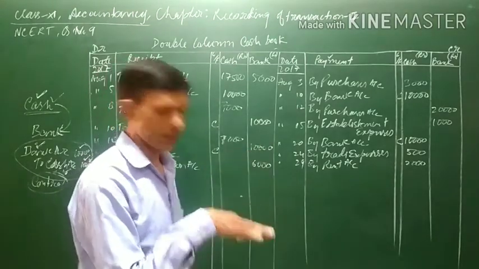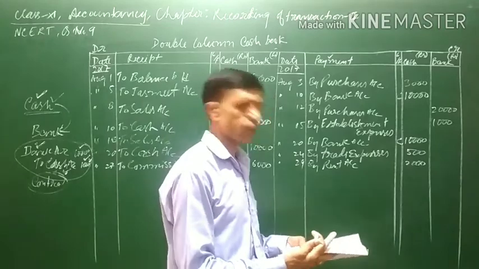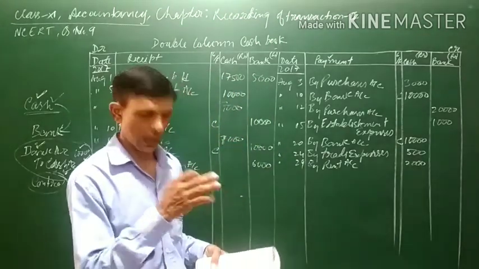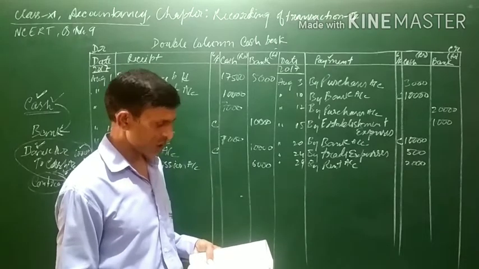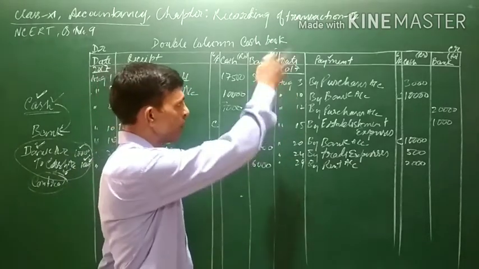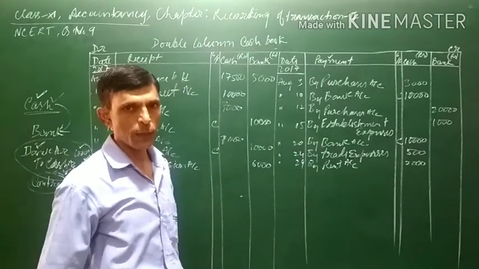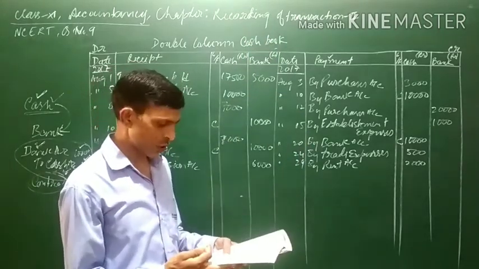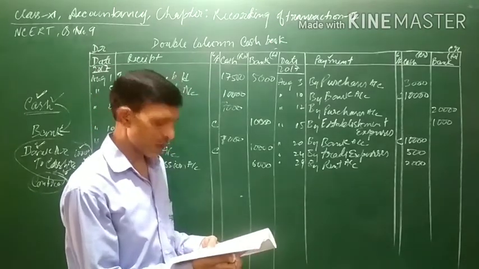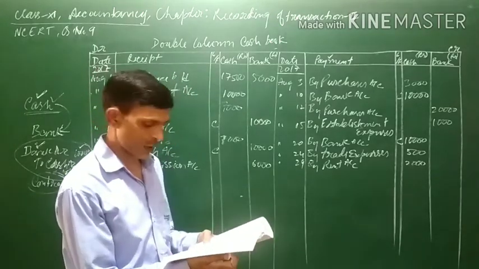Then on 30th, withdrew cash for personal use. Cash is being withdrawn for personal use, so we will assume that this is a drawing. Some money is going out of the business, that is, payment will be made. This drawing is by the owner. If nothing is mentioned, who can draw the money from the business?